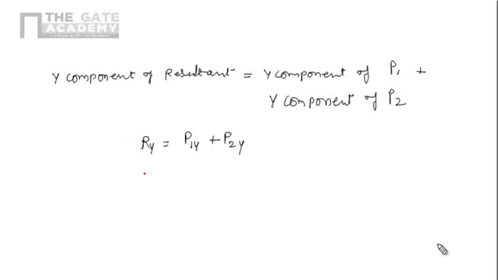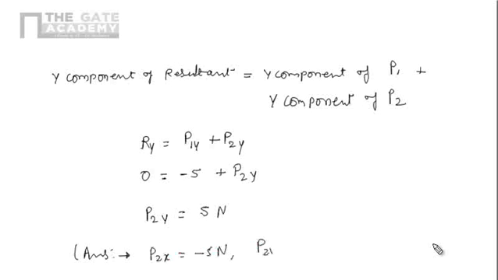We know Ry is 0 and P1y is -5. So we can calculate P2y. By this equation P2y will be 5 Newton. So the y component of the second force P2 will be 5 Newton. In this way we can find the components of the second force, P2x and P2y. So I will again write the answer. P2x will be -5 Newton and P2y will be 5 Newton. So -5 and 5 will be the correct answer.